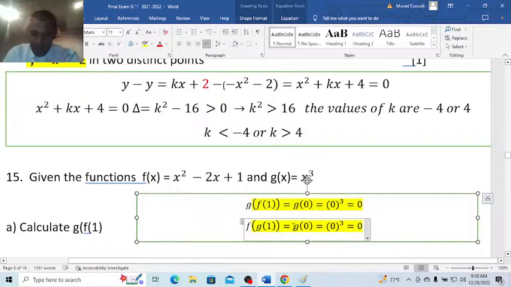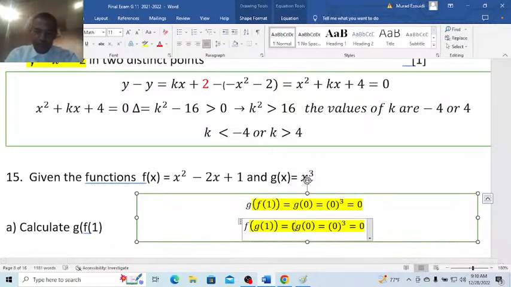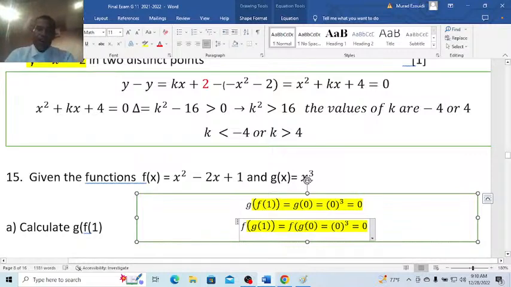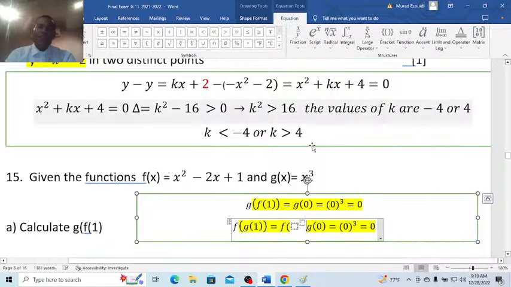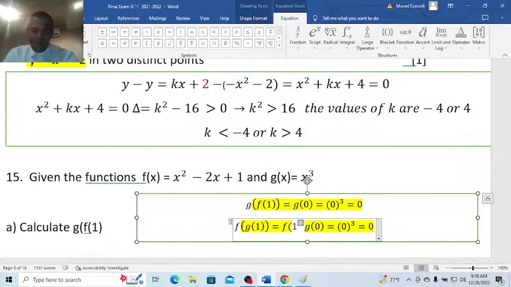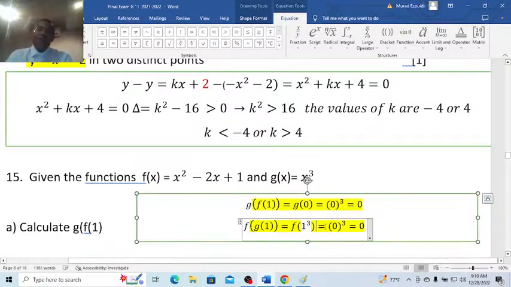f of what? f of g of 1, learners, is f of 1 to the power 3. You can calculate it using a calculator. 1 to the power 3 is what? It is 1. So f of 1 is what, learners?